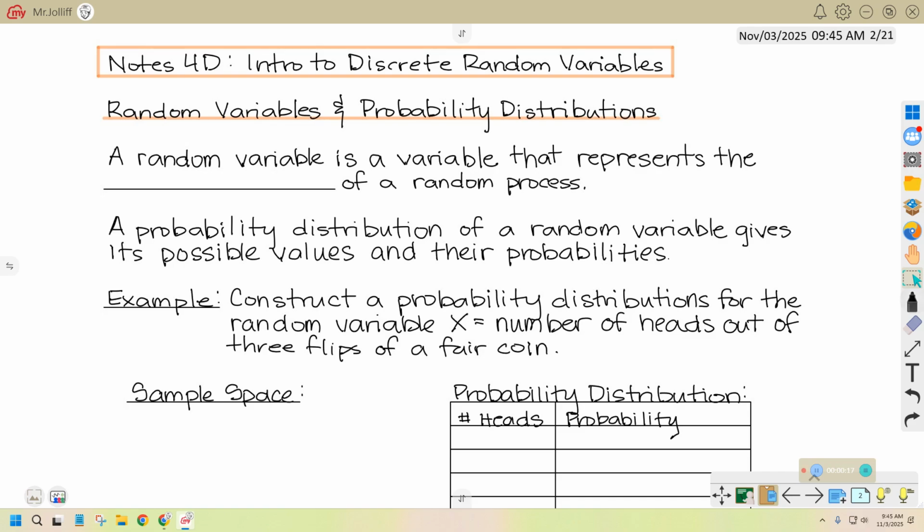So first new definition, a random variable is a variable that represents the possible outcomes of a random process. We typically use capital letters from the English alphabet to represent random variables.